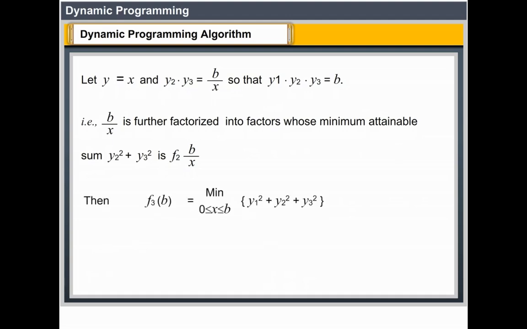Then f3 of b equal to minimize, 0 less than or equal to x less than or equal to b, y1 square plus y2 square plus y3 square, equal to minimize, 0 less than or equal to x less than or equal to b, x square plus f2 of b by x, by equation number 2.